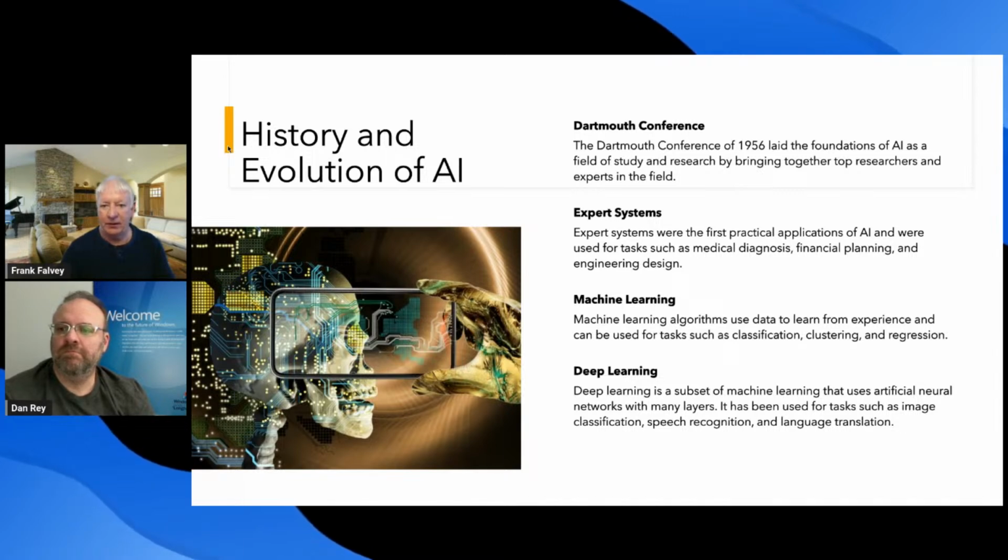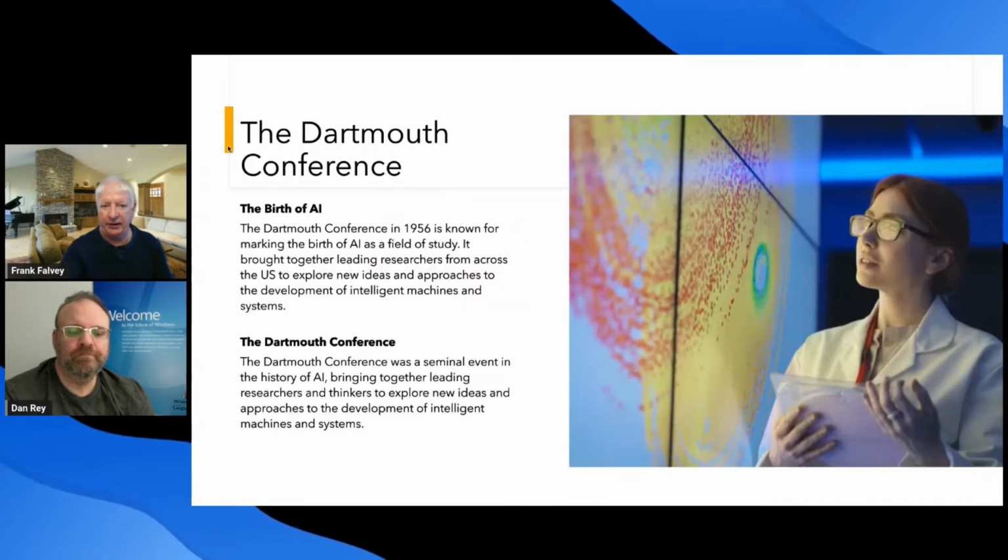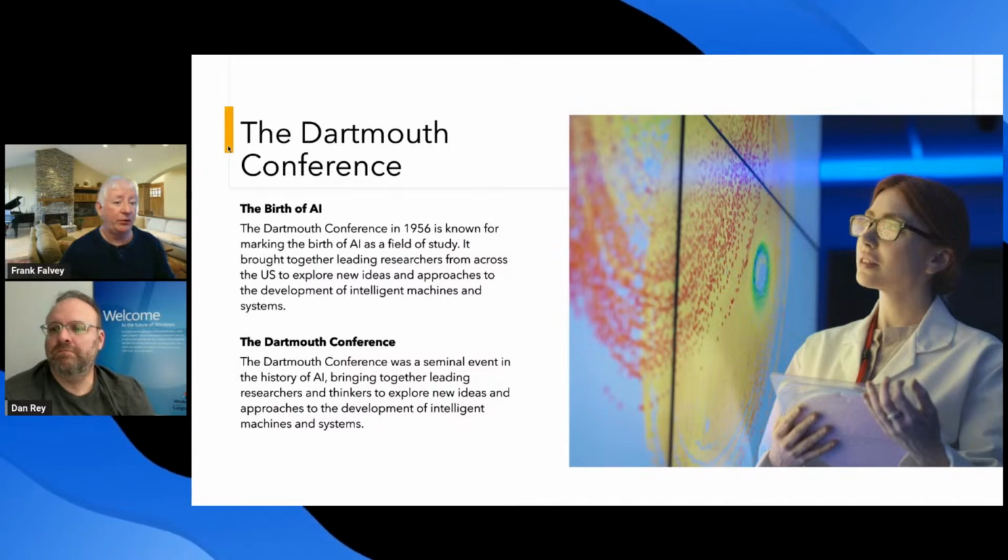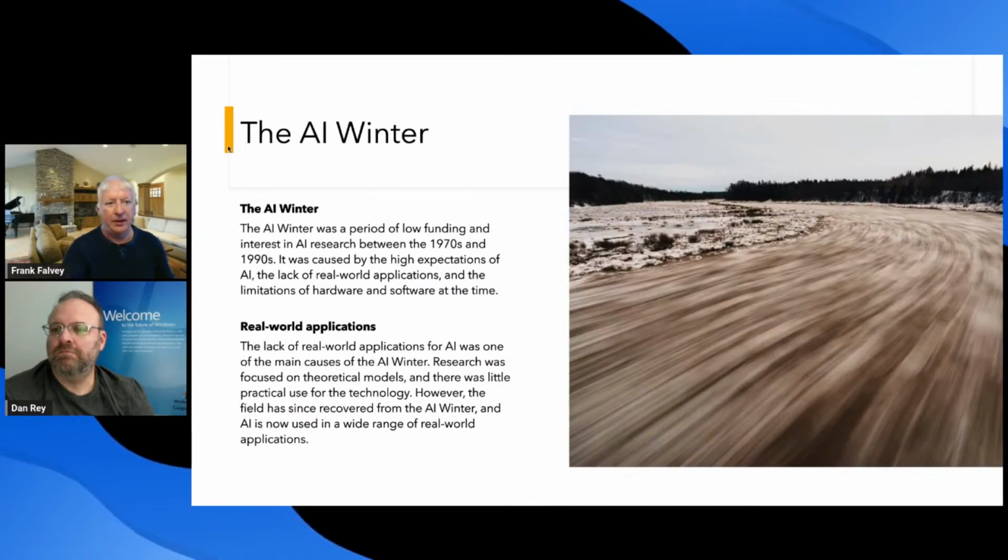And there are 3 areas: expert systems, machine learning, deep learning. Okay, Dartmouth Conference, just the birth of AI. So yeah, 1956. I didn't realize it was that far back, but there we go. AI Winter.